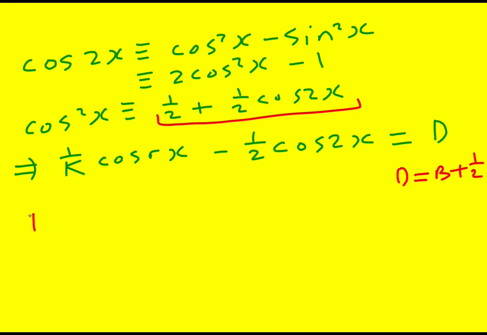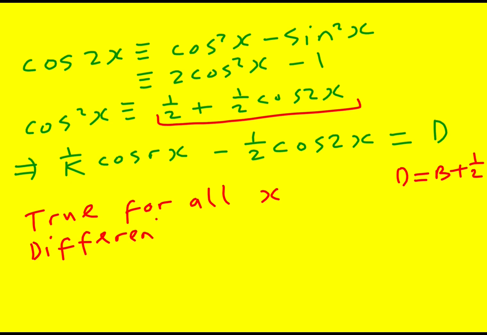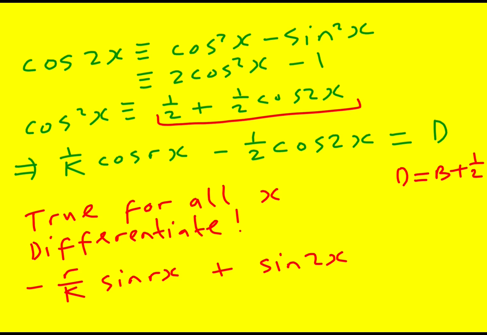This is true for all x, remember that. So we can actually take this function and differentiate it, because I can't do anything quite at the moment. So when I differentiate, I'm going to get minus r over k sine rx plus sine 2x.